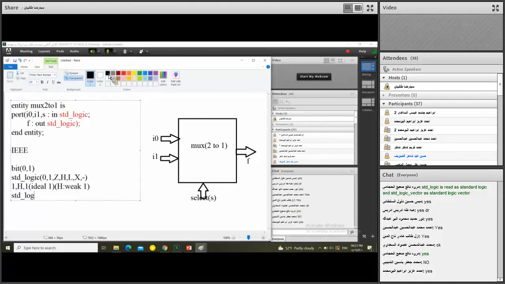If you use bit, you have a limitation with your simulations. Then it is better for you to use standard logic. And standard logic is a package that is supported by IEEE for VHDL. Do you understand?